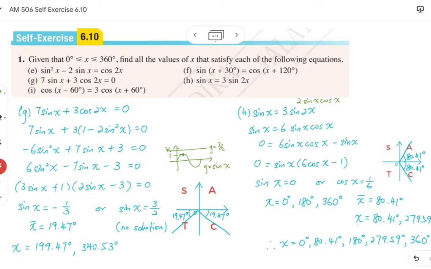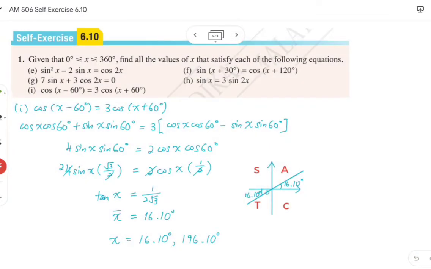Therefore, our x is 80.41 degree and 360 degree minus 80.41, we get 279.59 degree. So 5 of this solution arranged in ascending order. We get x equals to 0 degree, 80.41 degree, 180 degree, 279.59 degree, and 360 degree.